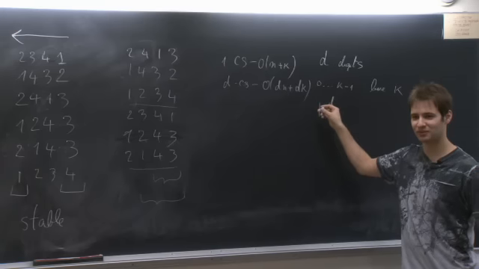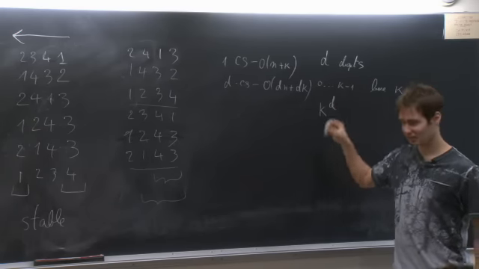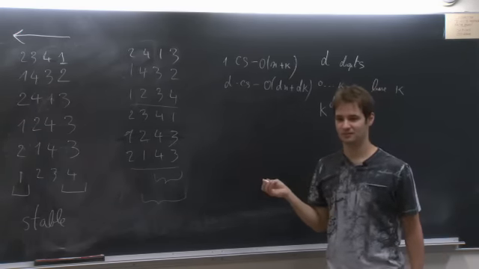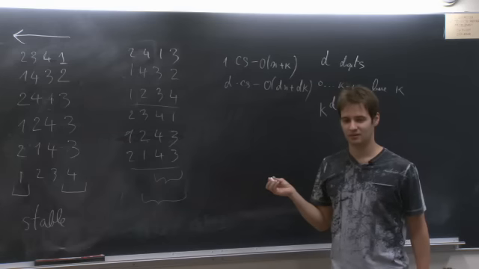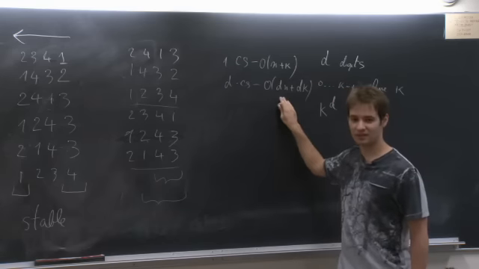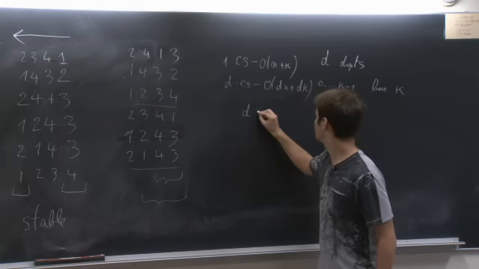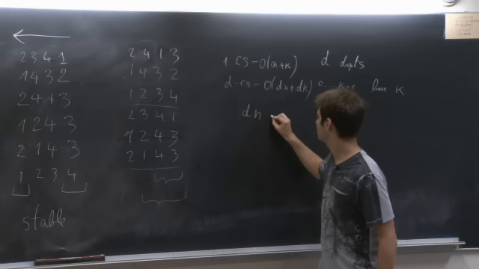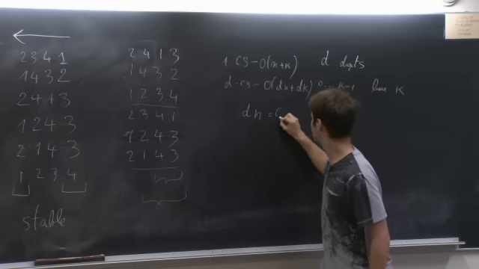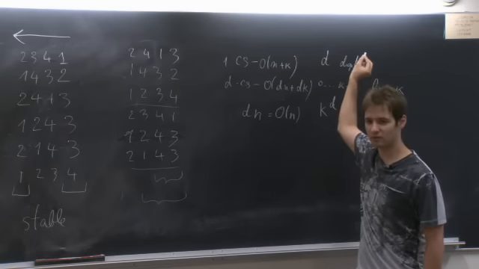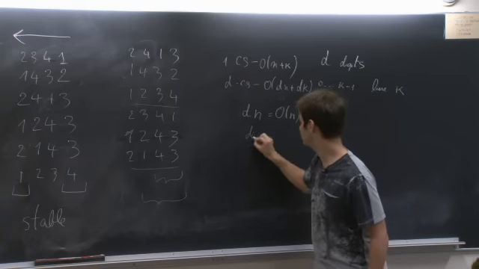Very good. What if we wouldn't know the answer? What do I need to do? Well, we know the first part is order n, so dn has to be at most O of n, right? Because otherwise the whole thing would go above, so that wouldn't work. So then what can I say about d?